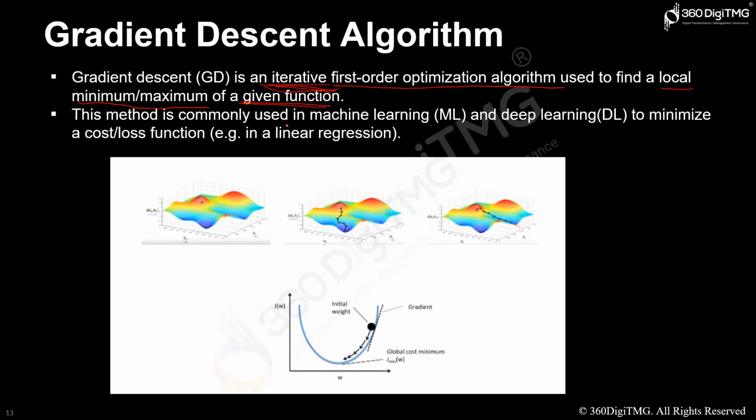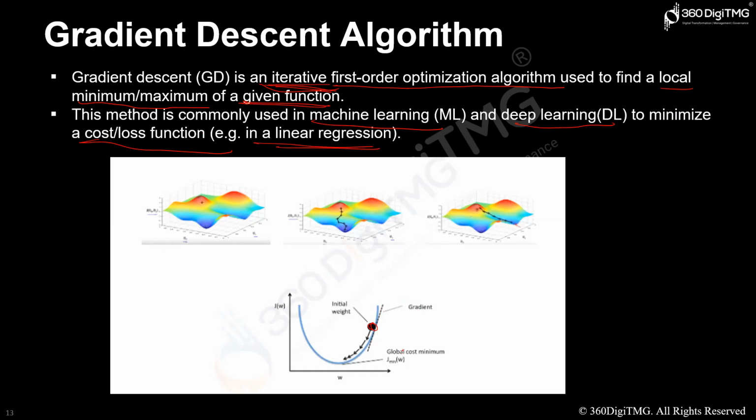So this method is commonly used in machine learning and deep learning to minimize cost and loss functions. Example, in a linear regression. As you can see here in the graph, we are taking the initial weights and then we have a gradient.